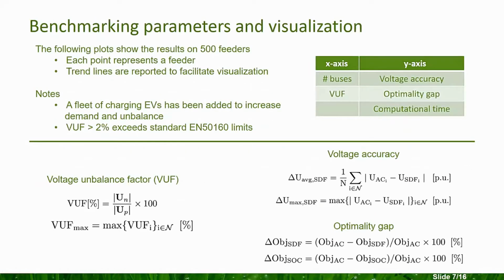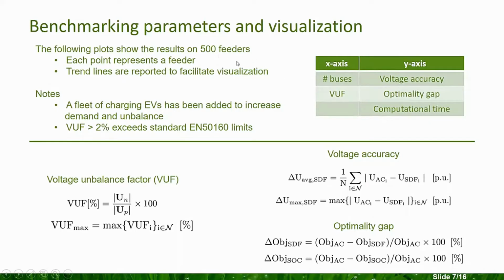I am about to show the plots with the results, so this is how to interpret them. On the x-axis, you will see either the number of buses of each feeder or the voltage imbalance level, and on the y-axis, the voltage accuracy or optimality gap or computational time will be displayed. In the plots, the results are shown for 500 feeders.